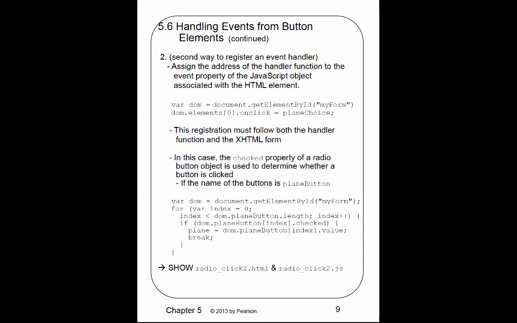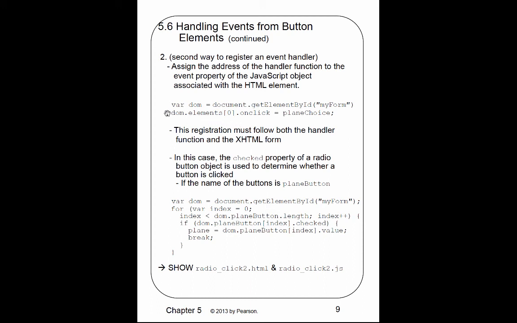If the ID of the form is myform, document.getElementById with the argument myform will return a reference to the form in the variable dom. Then on clicking the first element of the form, dom.elements[0], what should you do? Well, you should call the method plainchoice.